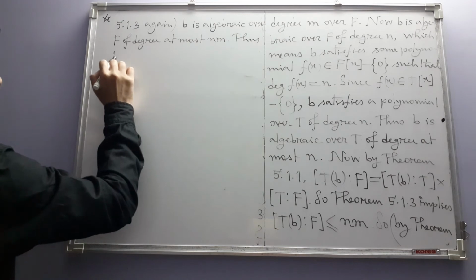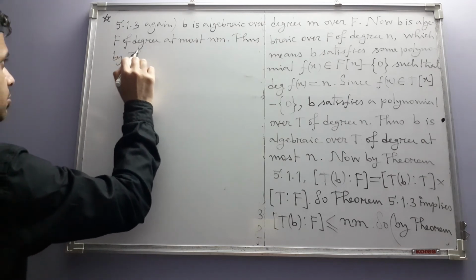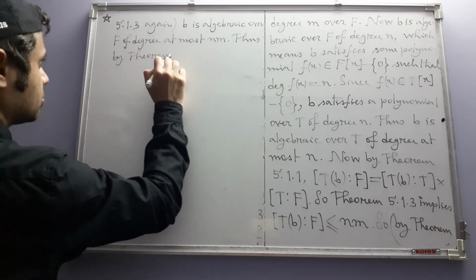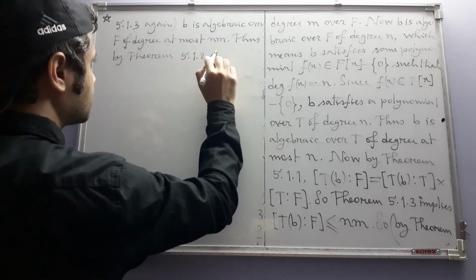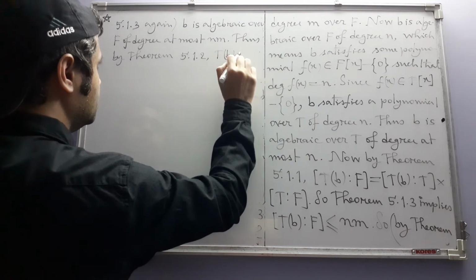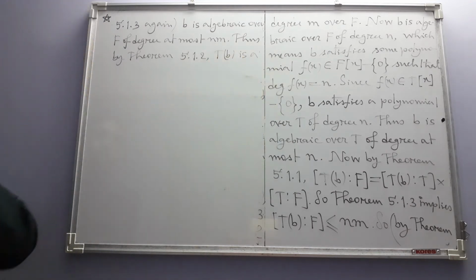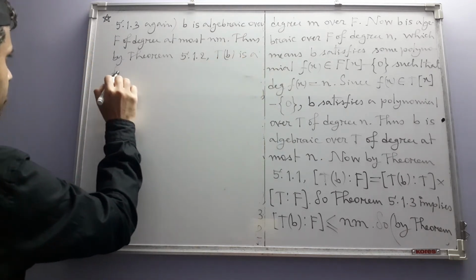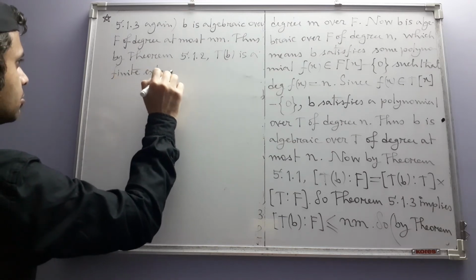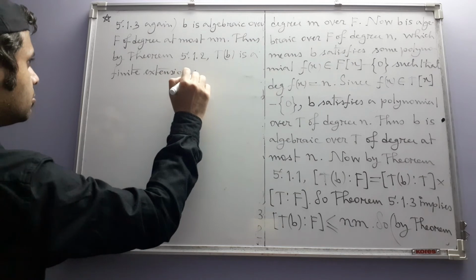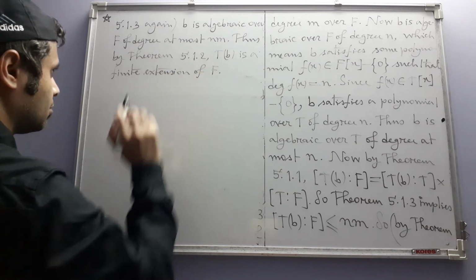Thus, by theorem 5.12, TB is a finite extension of F.